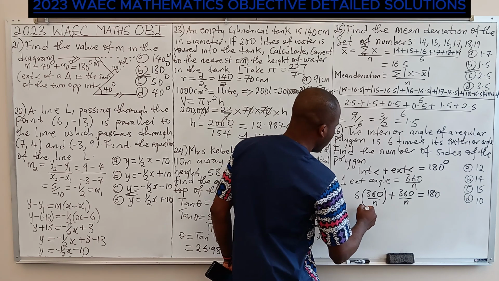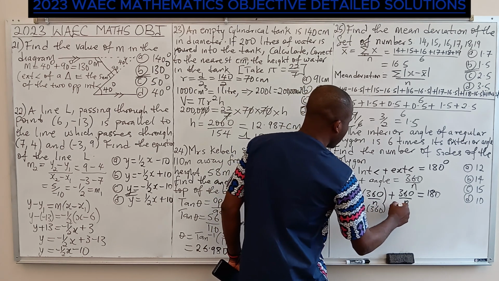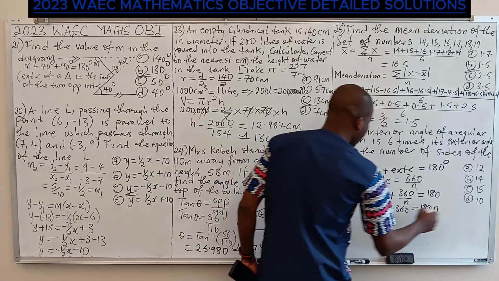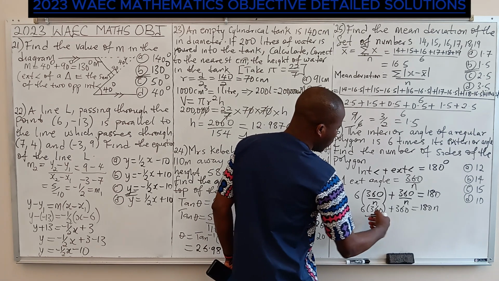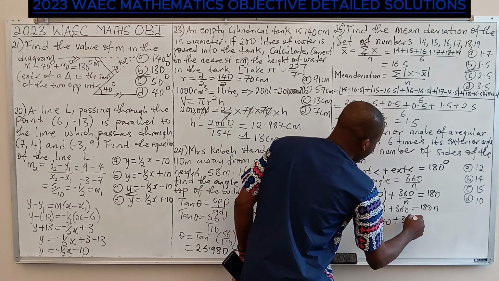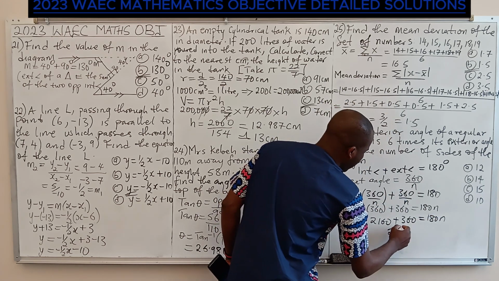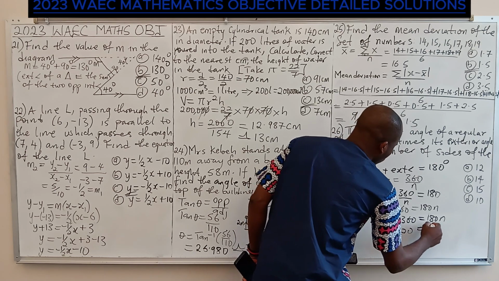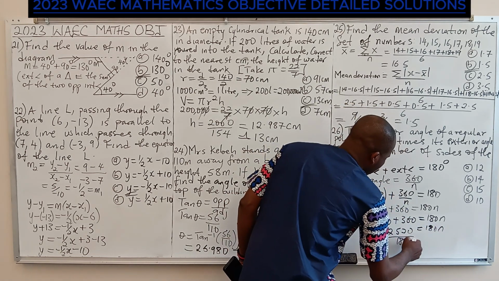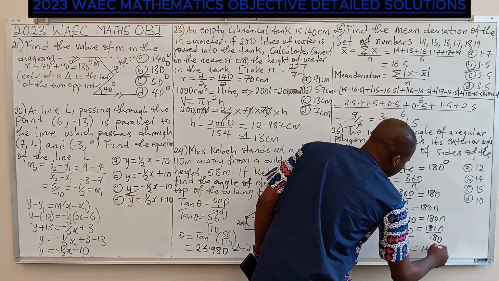I will have 6 times 360 plus 360 equals 180n. Now, if I open this, this is 2160 plus 360 equals 180n. If you sum this, you have 2520 equals 180n. Divide both sides by 180, so that n is 14 sides.